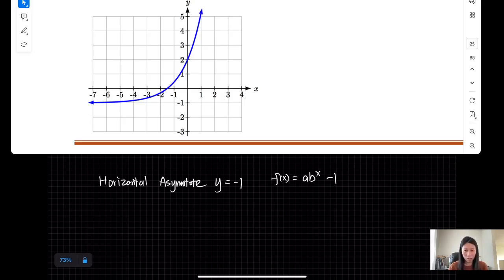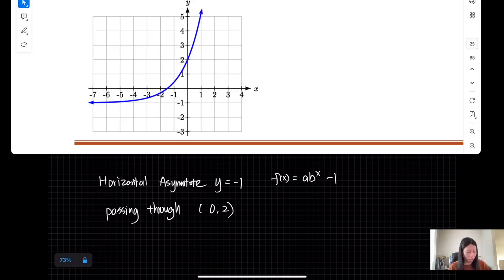And now let's look at the points. We found some points that the function is going to pass through. We know that the function passes through the point (0, 2). So let's substitute (0, 2) into the function.